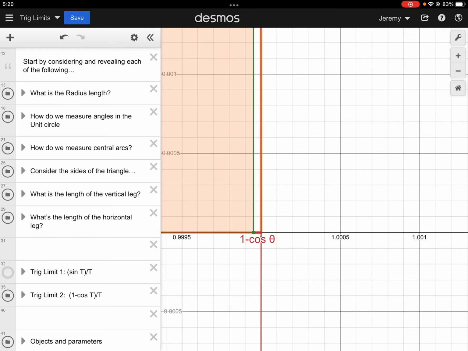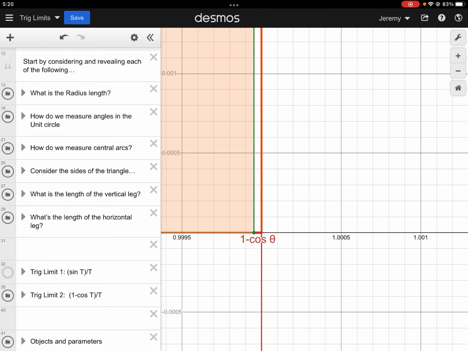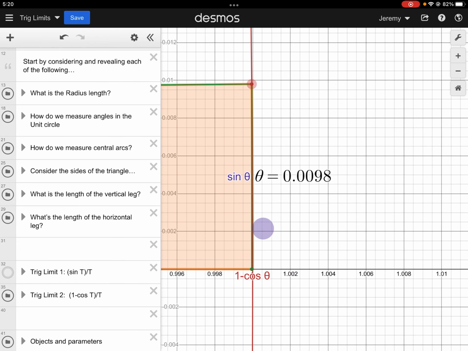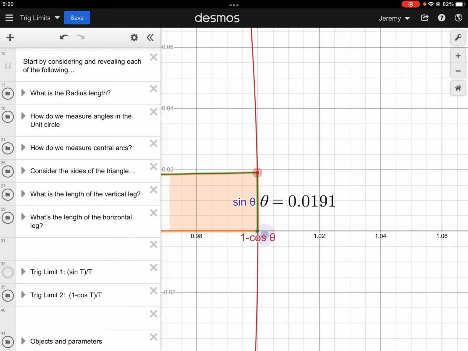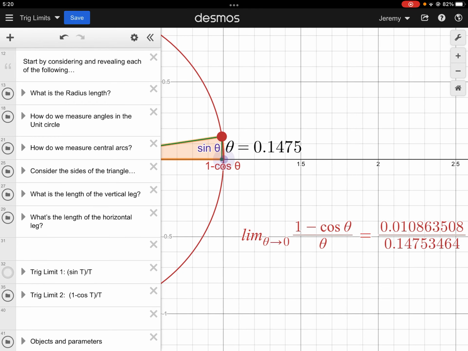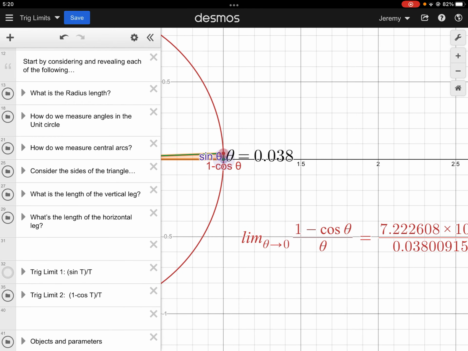It's there. There it is. See that little red line? It's still there because the angle's not down to 0 yet. But that orange line is thousands of times bigger than that right now. So the theta is a lot bigger than 1 minus cosine. So 1 minus cosine is pretty much disappearing. Now watch the numbers. 1 minus cosine is becoming very small.